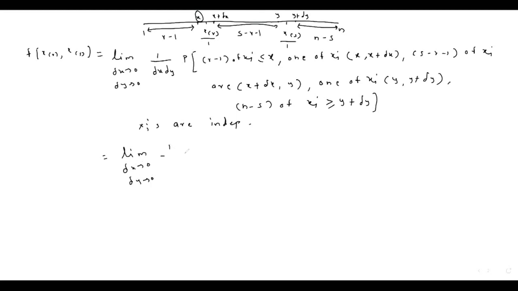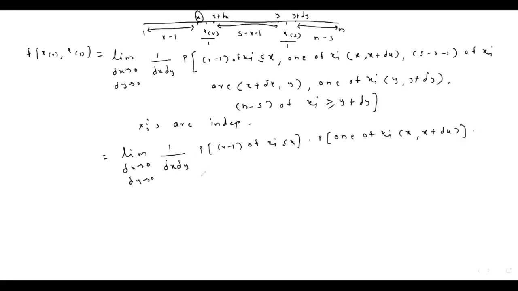Now over here we can separate all the probabilities with a multiplication sign. Okay, so probability, in brackets, r minus 1 of the xi less than or equal to x, into probability that 1 of the xi is in between x to x plus delta x.